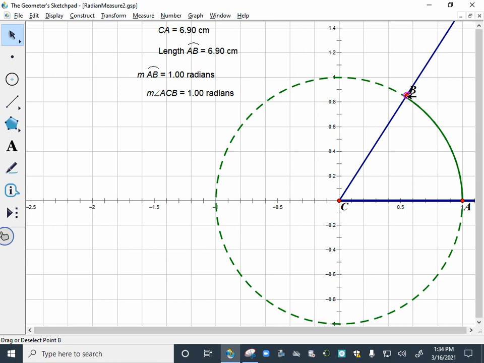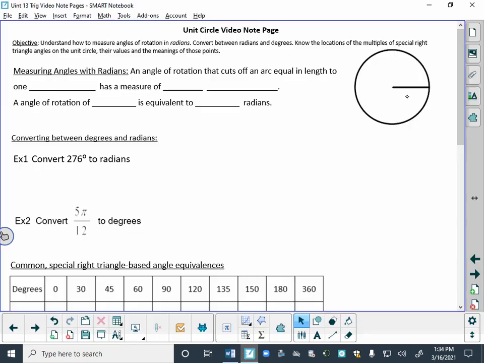Okay, so let's jump back into our notes. So measuring angles in radians, an angle of rotation that cuts off an arc equal in length to 1 radius has a measure of 1 radian.